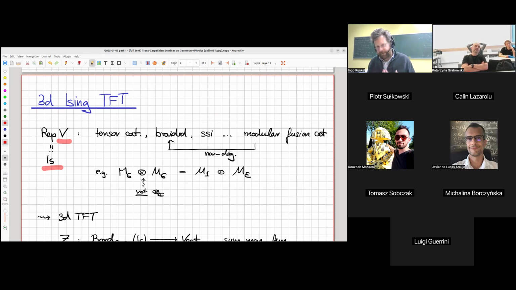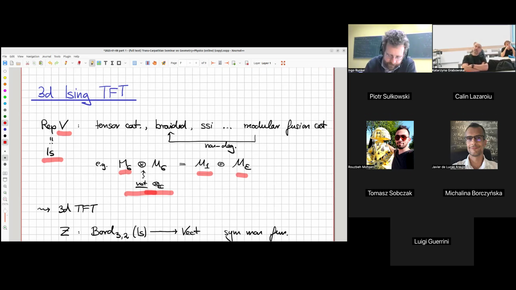It has 3 simple, 3 irreducible representations, but it's also a tensor category. You can tensor them together. But this tensor product is one of the more complicated things in the theory. It's not just the tensor product over complex numbers, as one may be used to. So there's some intricate construction, which I will not describe. But if you compute the tensor product of this M sigma representation with itself, it decomposes into a sum of 2 things. So there's something which starts to look like the structure we saw in our discussion of line defects in the Ising lattice model.